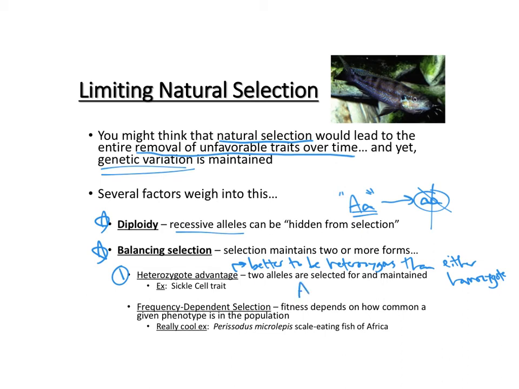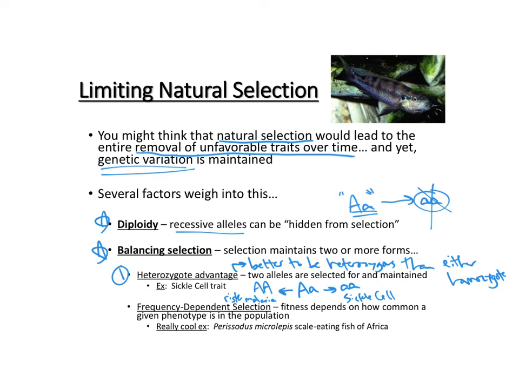And what we see is that if you are heterozygous for the sickle cell trait, you don't really have sickle cell anemia, and you are immune to malaria. Now, if you are homozygous recessive, you have sickle cell. And if you are homozygous dominant, you don't have sickle cell, but you have a higher risk of malaria.